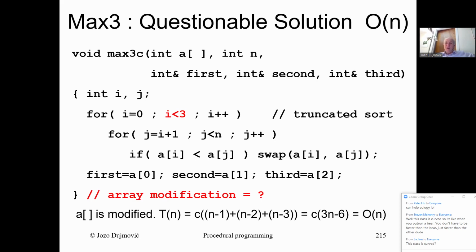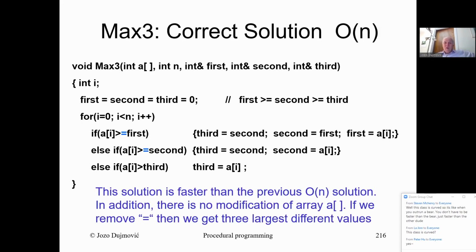Of course we can. So the right way to think about that would be to have 3 variables called first, second, and third, where first is the largest, second is the second largest, and third is the third largest. So since the array consists of positive values, I have this array that has n components, and I'm returning first and second and third.